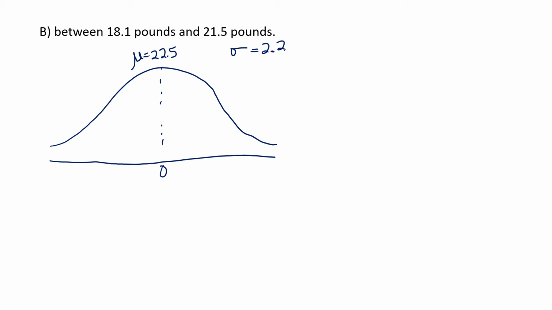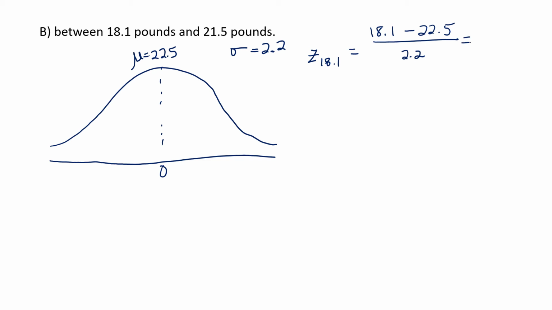We need to find the z-score that corresponds to 18.1. So the formula tells us you take the data item, which is 18.1, and subtract the mean, which is 22.5, and divide it by the standard deviation of 2.2.